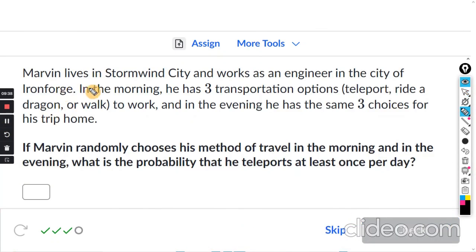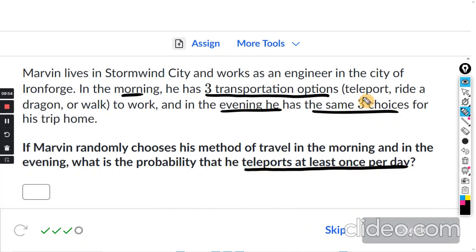All right, Marvin lives in Stormwind City, works as an engineer. In the morning he has 3 transportation options, and in the evening has the same 3 choices. If he chooses his method of travel randomly, what's the probability that he teleports at least once a day? All right, so we have teleport, ride a dragon, or walk. Teleport, dragon, or walk. And in the evening, the same options.